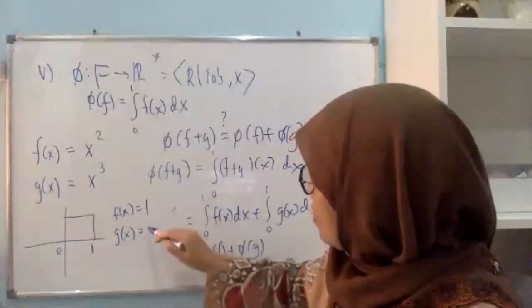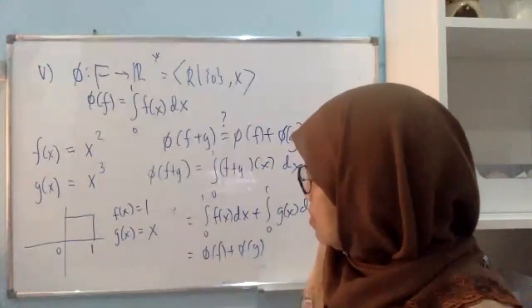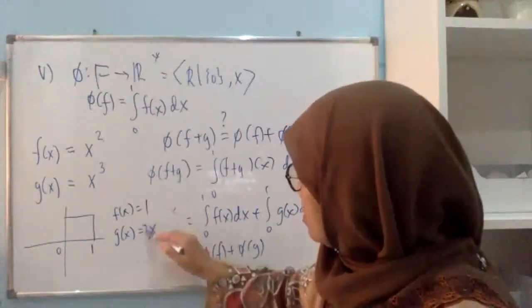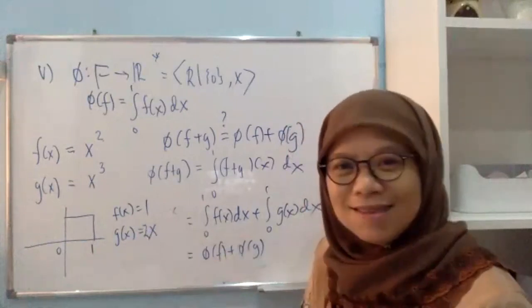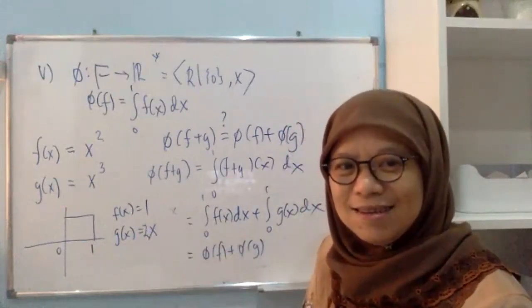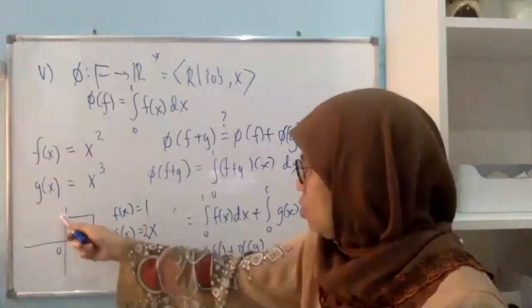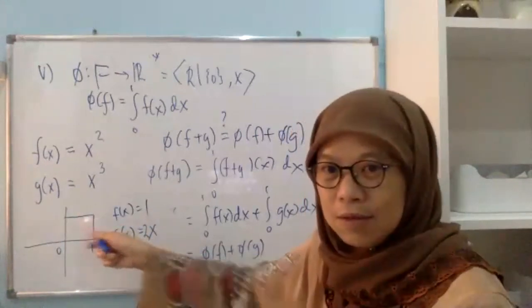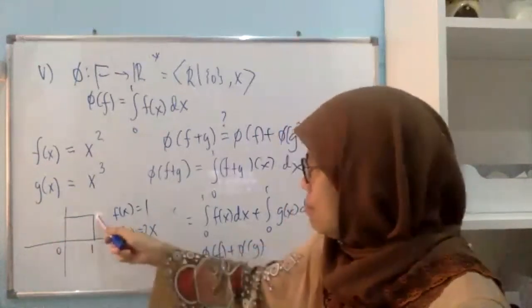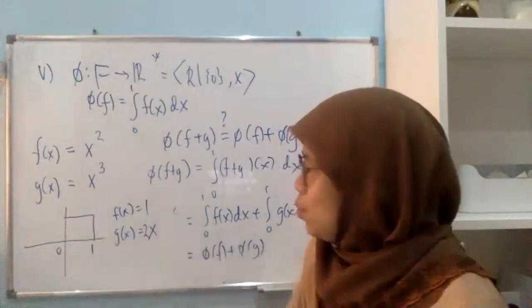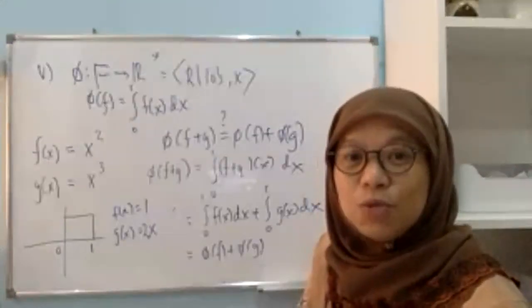What if you have something with 2x? I just use f(x) equal 1 because this is a box, so it's just 1 times 1, and the area is 1.